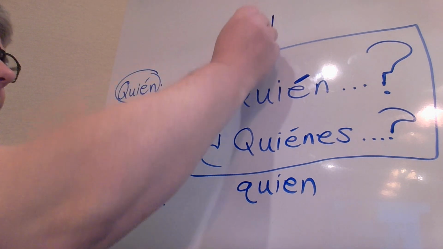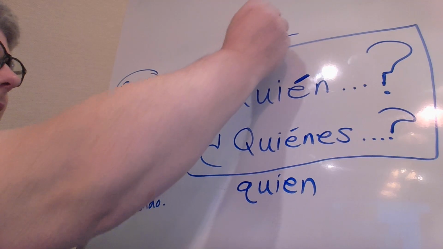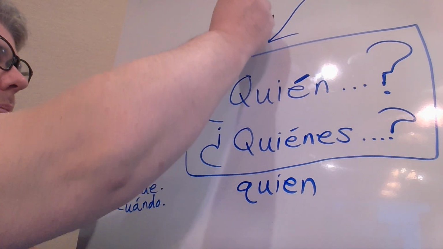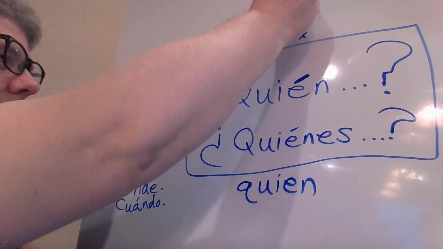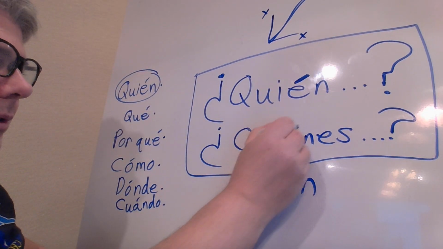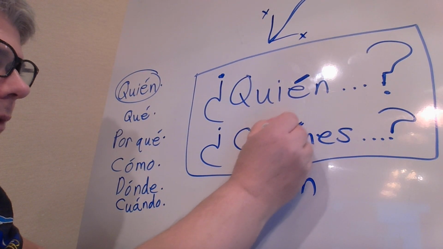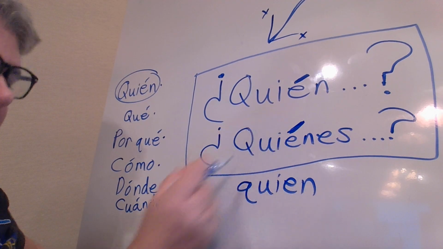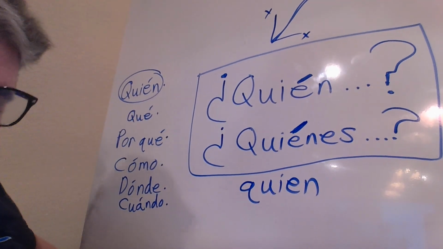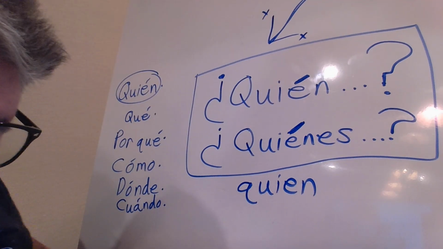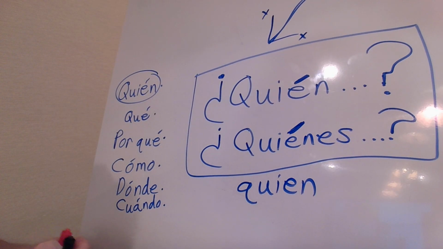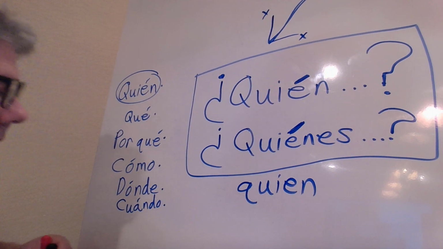In math, you know how you have a slope that is 1-to-1, and it goes up one value of y and over one value of x, and it's proportional. So I joke with my students that it's like a 1-to-1 slope. It's going up at a diagonal angle, trending up. It's the way that I want my stock portfolio to go, or my 403b or my 401k. So that is quién and that is quiénes.